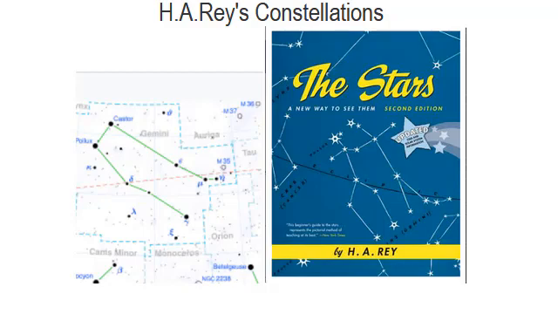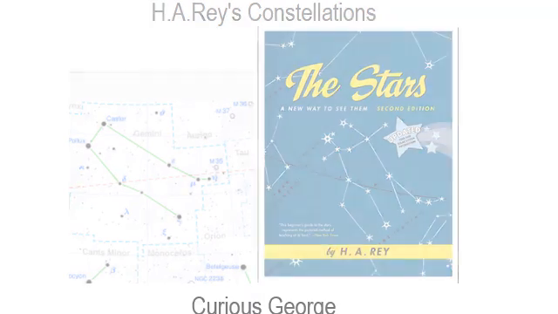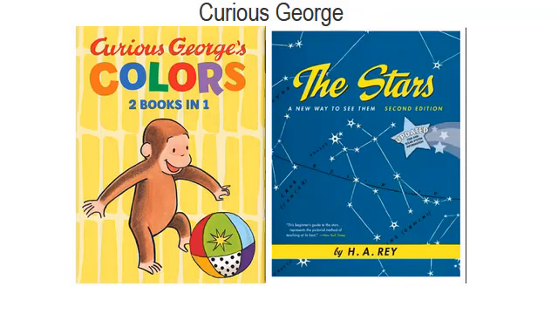Compare the traditional style of Gemini with the more descriptive design by Rey. Rey is better known for his series of children's books based on a monkey named Curious George. However, his book, The Stars, is recognized as an excellent introduction to astronomy.